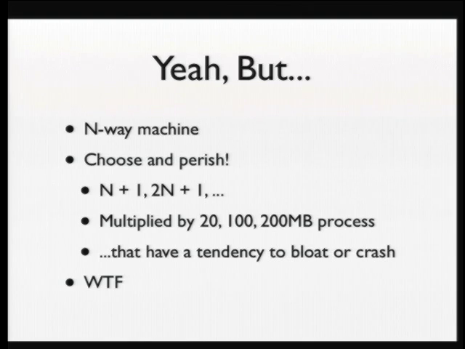So this is the basic plan for scaling Ruby and Rails on regular C Ruby. You've got an N-way machine, and then you can just choose the way you want to die. Because you're going to have whatever your formula is, N+1 or 2N+1 instances, processes, to be able to saturate that machine. These applications grow and grow.